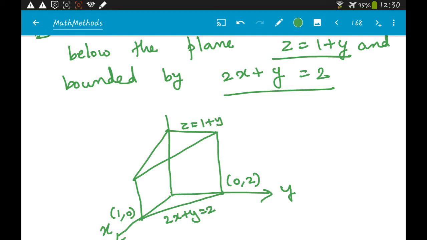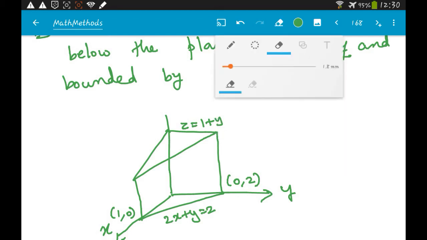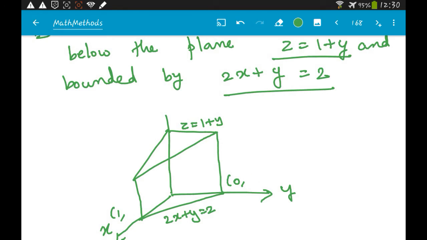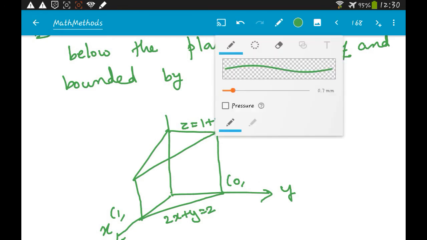Okay, so when y is 0, z will be 1, right? So let's add the third dimension also here, then we'll know what we're talking about.